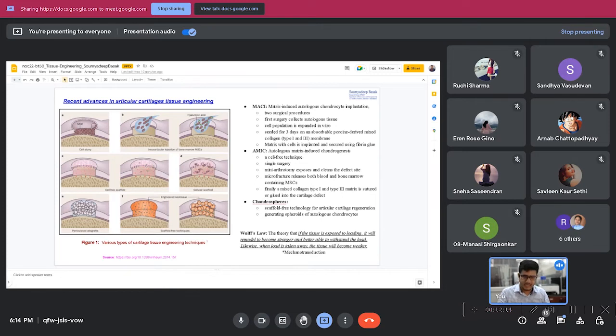So what it does is, in the first surgery, it will harvest the cells and then grow them in vitro. Then, before implanting, it will be cultured for like 3 days in a porcine matrix that is constituted of collagen 1 and collagen 3.